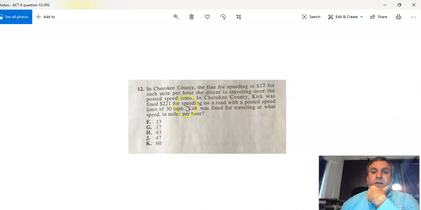In Cherokee County, Kirk was fined $221 for speeding on a road where the posted speed limit was 30. Kirk was fined for traveling at what speed? So this is 17 for each mile per hour they're over, and so figure how many 17s go in 221 and add it to 30.